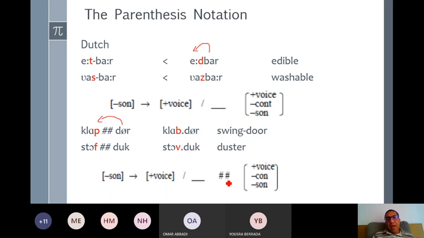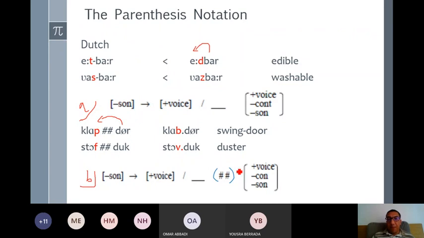Now again, we have two sub-rules, rule A and rule B. In order to say that the word boundary is optional, that is, it might be there or it might not be there, then we use the parenthesis notation.